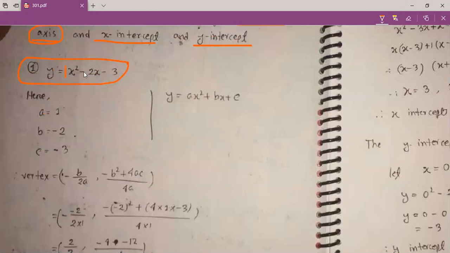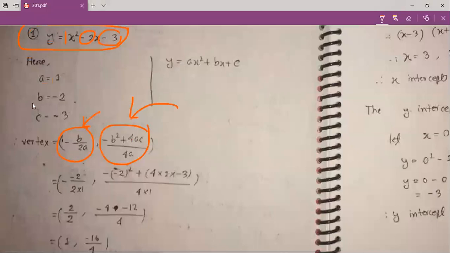Here a is equal to 1, b is equal to -2, and c is equal to -3. So the vertex x-coordinate will be -b by 2a. This was our rule, and the y-coordinate will be (-b² + 4ac) by 4a. This is the coordinate pair of the vertex.